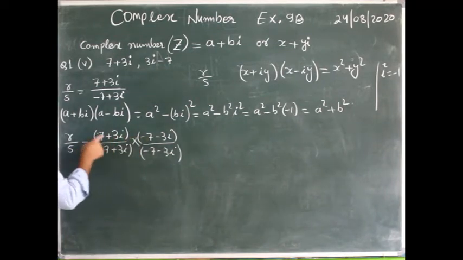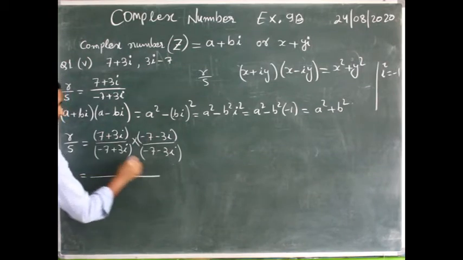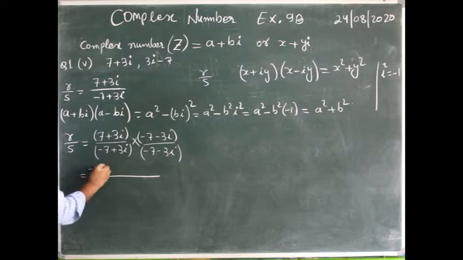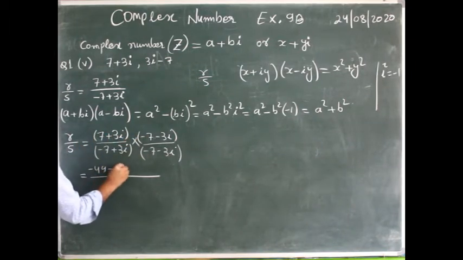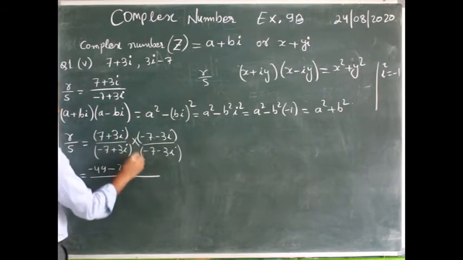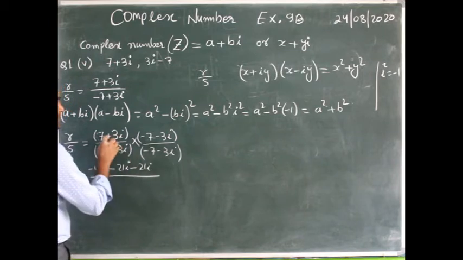Now multiply it. You know how to get the product. Plus times minus is minus: 7 sevens are 49. Plus times minus is minus: 7 threes are 21i. Plus times minus is minus: 3 sevens are 21i.